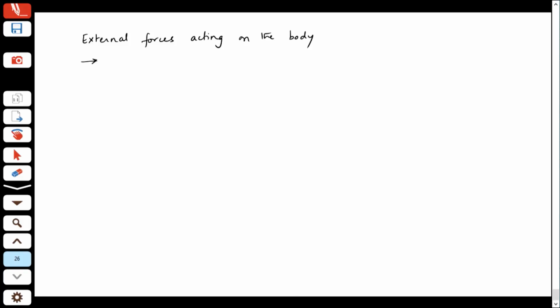As human beings, what are the external forces that we normally experience in most of the activities that you do, walking, running? Gravity. So, you have gravity. Gravity is something that is acting on us all the time.